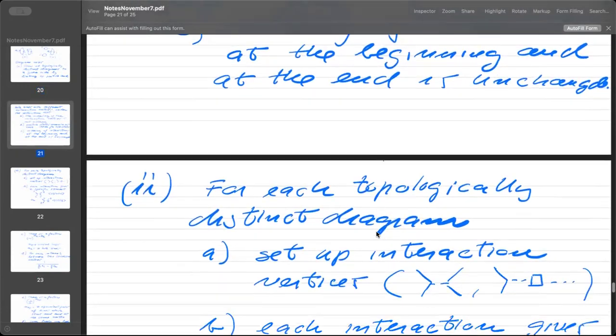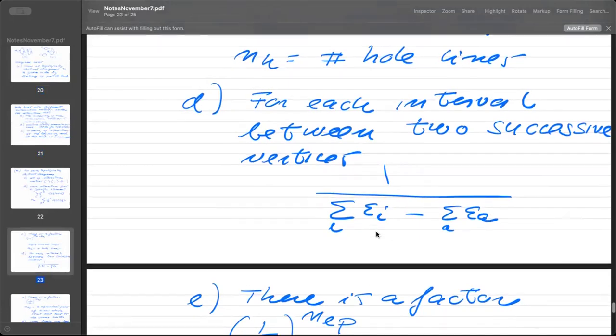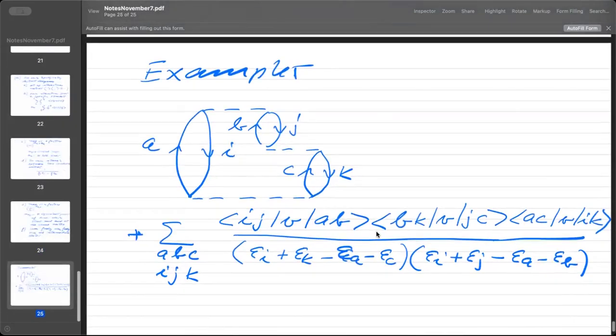So if you look at that example which we had at the end of the lecture yesterday, it means that the order of these interaction vertices, which you see here, is not changed. So that means that this first interaction cannot replace that one. So we have this first interaction, then the second one, and the third one. So the order of these interactions is not something which we can change.